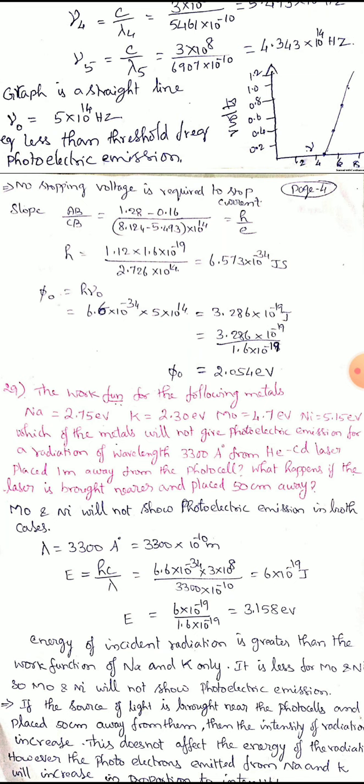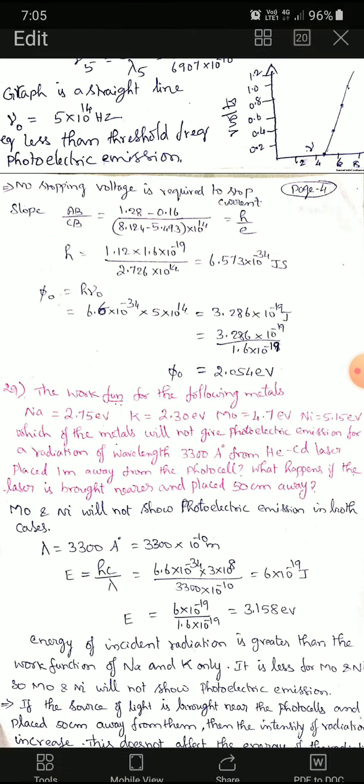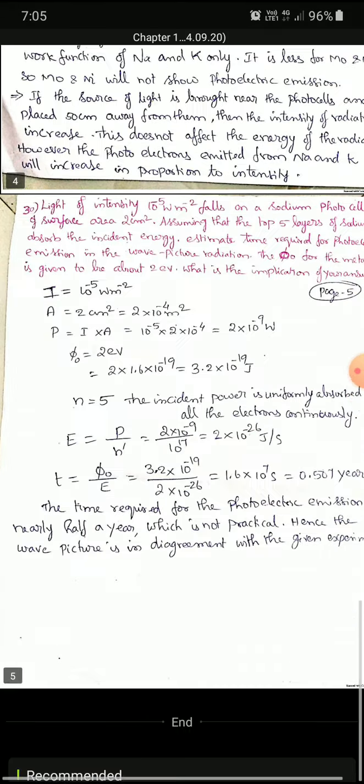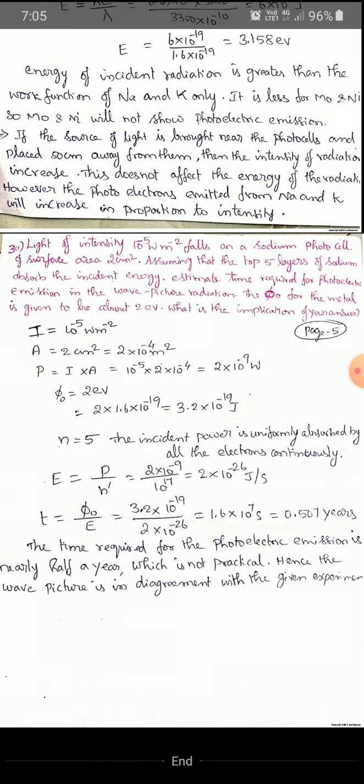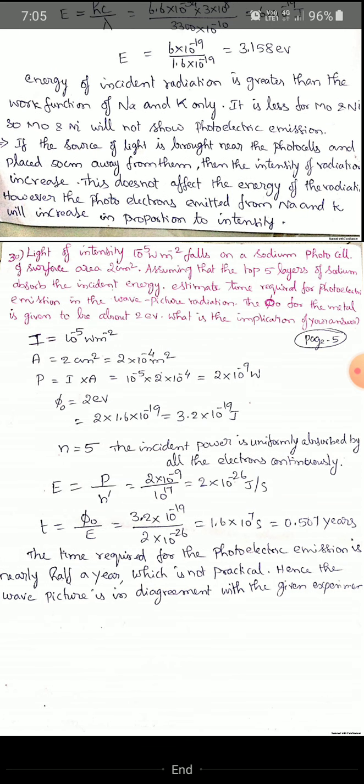If the time required to emit photoelectrons is half a year, it is not possible, it is not practical in real life. So the wave picture is in disagreement with the given experiments. Thus we have completed the 30th sum. Students, do it fast and submit it.